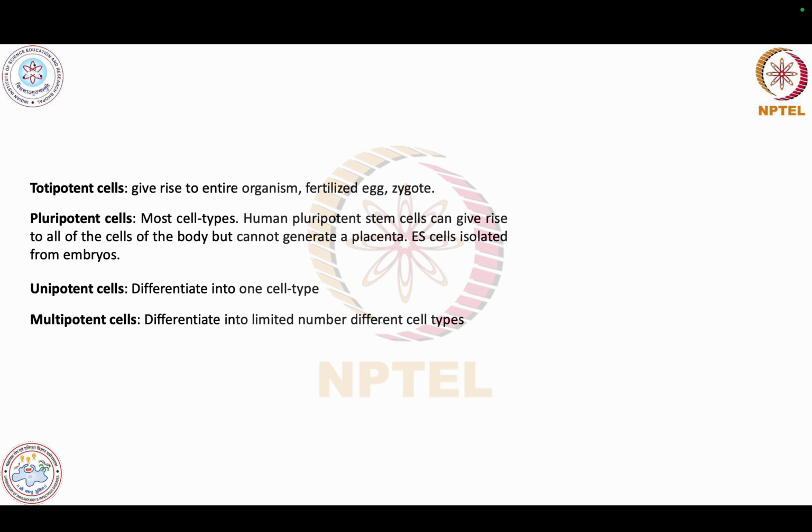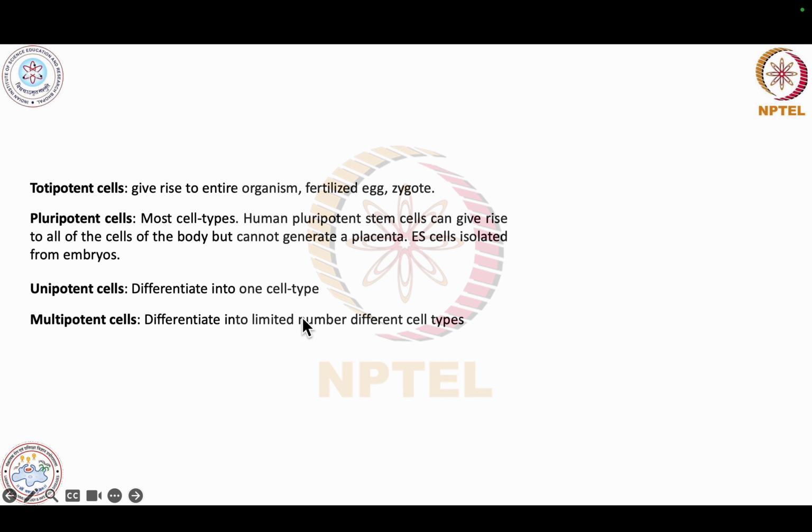Most cell types are pluripotent. For example, human pluripotent stem cells can give rise to all of the cells of the body but cannot generate a placenta. So human pluripotent stem cells cannot generate a placenta. ES cells are isolated from embryos. Unipotent cells differentiate into only one cell type.